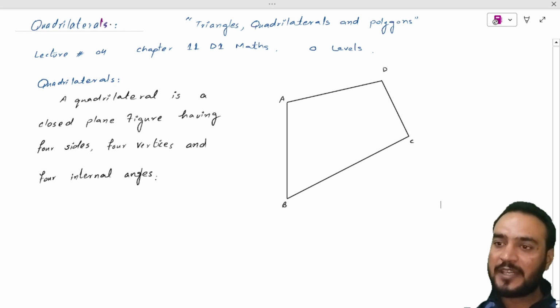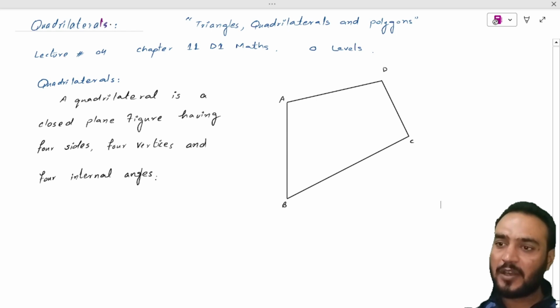Obviously, it has four internal angles: angle at point A, at point B, at point C, and at point D. So this was the definition of quadrilaterals: any four-sided figure having four internal angles, four vertices, and its sides are the straight lines which are connected together from starting point to end point.